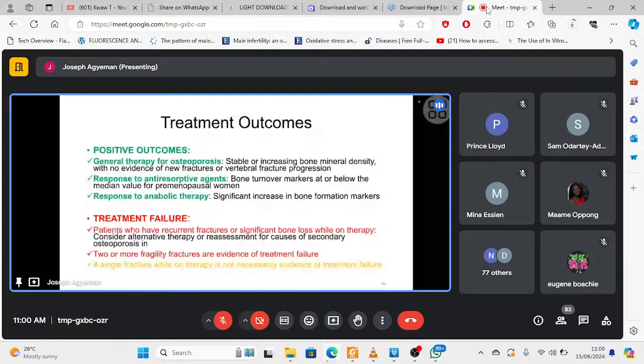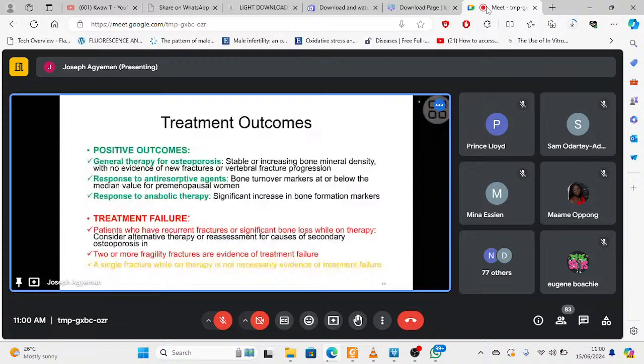When we say that we are having treatment failure in osteoporosis, it is not about having just one fracture after initiating treatment. Having just one fracture is not enough to say that the treatment has failed. So one fracture is accepted. But when you have 2 or more fractures whilst you are on treatment, that becomes a case for you to confirm that there is treatment failure.